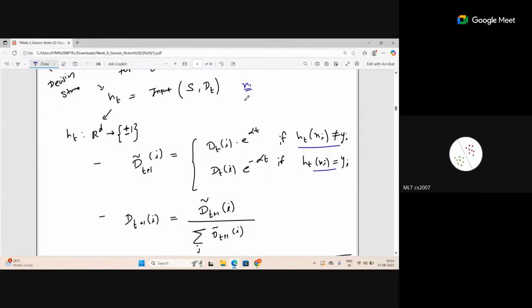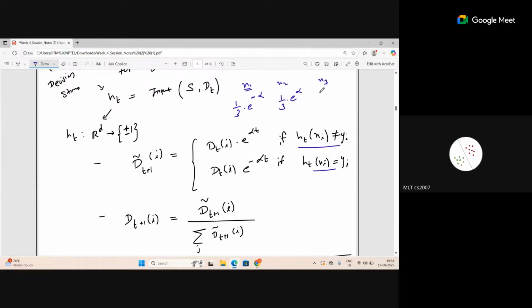So for x1, it will be 1 by 3 into e to the power minus alpha. Let's say it's the first iteration, after the zeroth iteration. So for x1 it is 1 by 3 e to the power minus alpha. For x2 it is making a mistake, so it is 1 by 3 e to the power alpha, right?